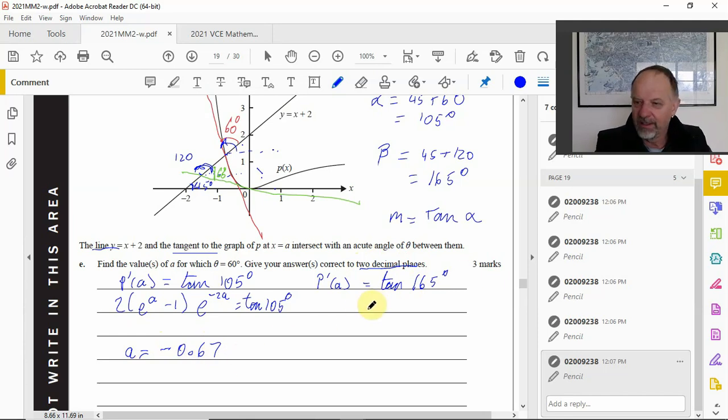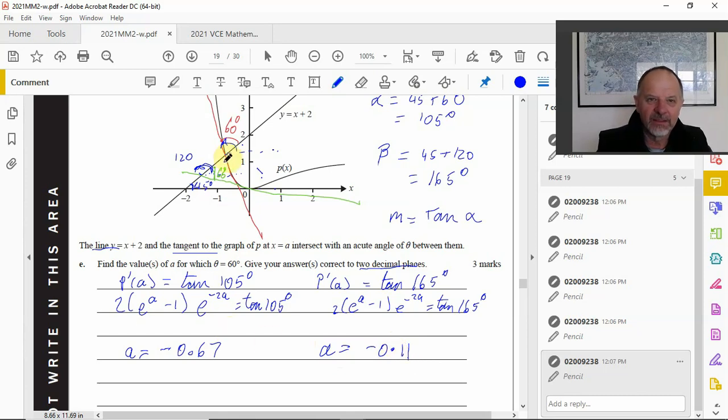And for the one over here, we've got 2 e to the a minus 1, e to the minus 2a equals tan 165. That's for this one. And then we would figure out what a is, and the a for that one is negative 0.11.